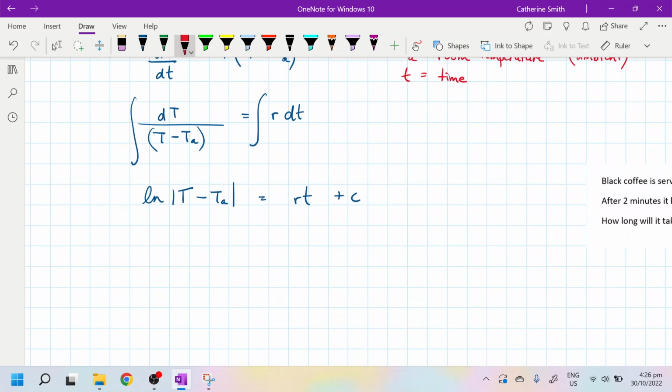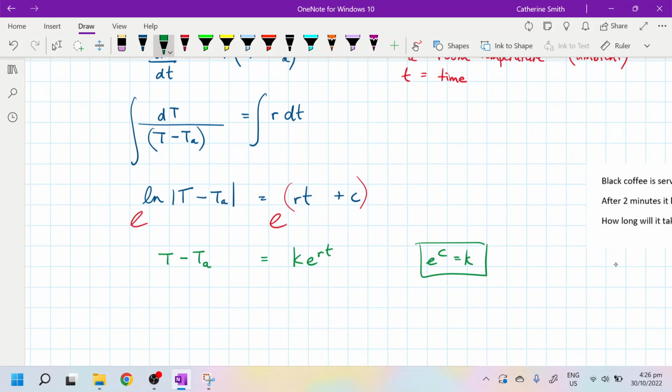So we're going to take e of both sides. So T minus TA will equal, now the whole thing with getting a constant in front is the same as previously, so I'm going to put a K in front: K e to the rt, where e to the C will be equal to K, just the same as before.